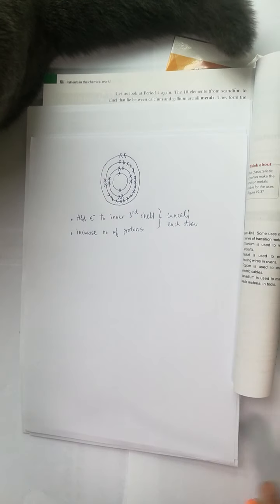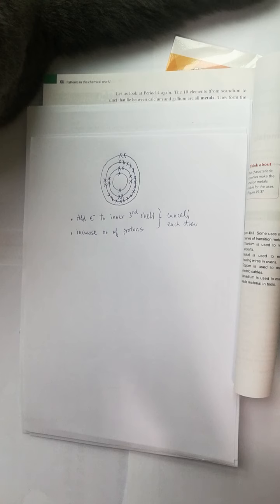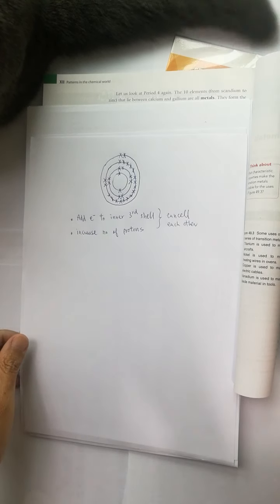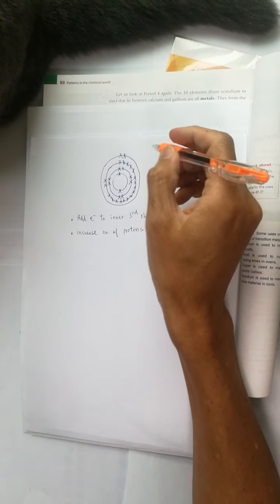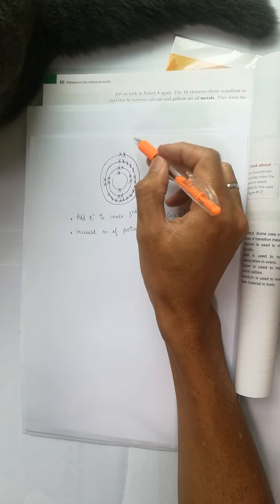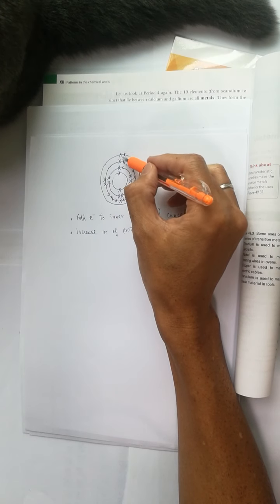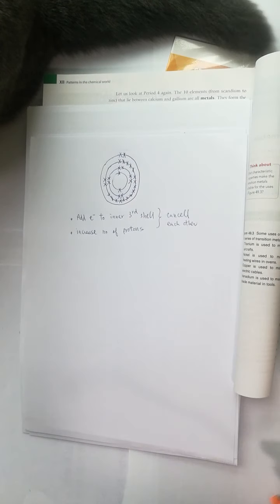So the transition metals have not much change across from scandium to zinc. Next thing is the metallic bond involving the shell 4 electrons as well as third shell electrons.